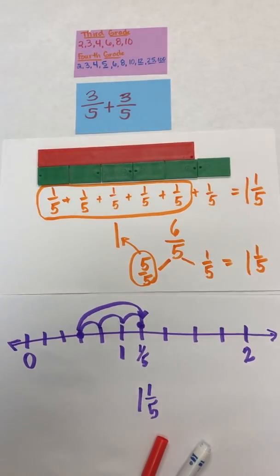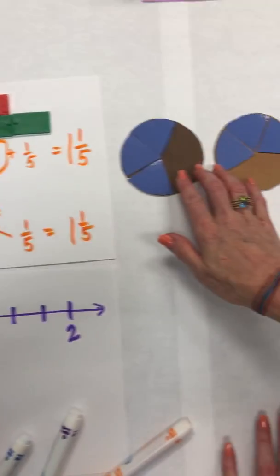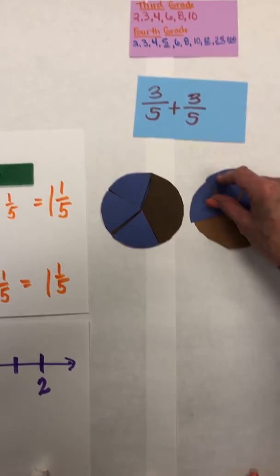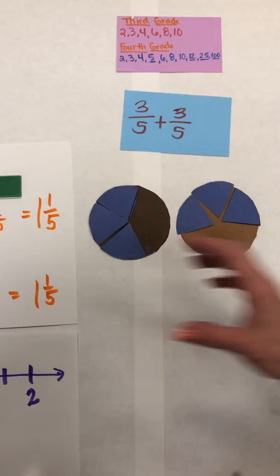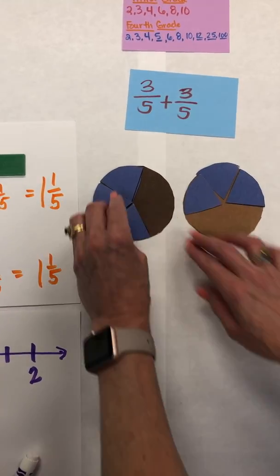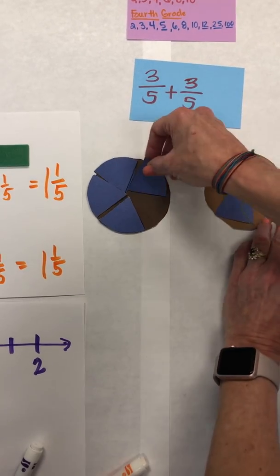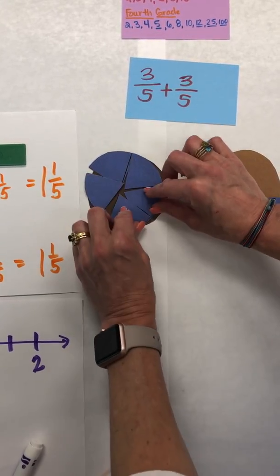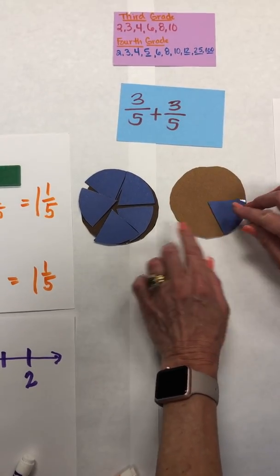All right, so here are some fractional circles. We just want to show you that you can also show this problem, go from a linear model to a circular model. So here are our 3/5 plus our 3/5. We can take them and put them together to see our whole and our 1/5.